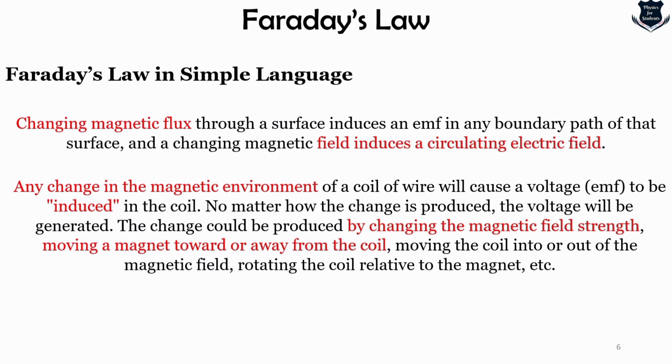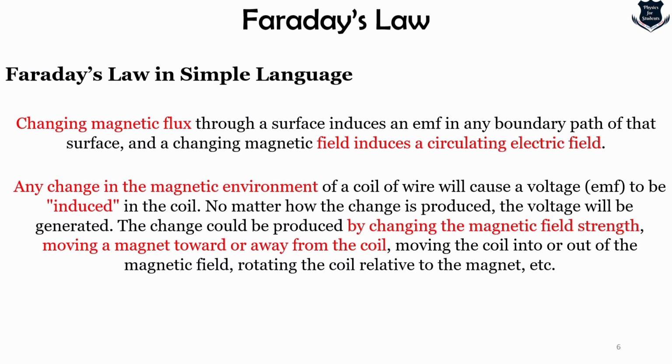So this is basically what we call any change in the magnetic environment of a coil or a wire will cause a voltage in the induced coil. No matter how the change is produced, the voltage will be generated, and the change can be made by changing the magnetic field strength, or moving a magnet towards or away from the coil.